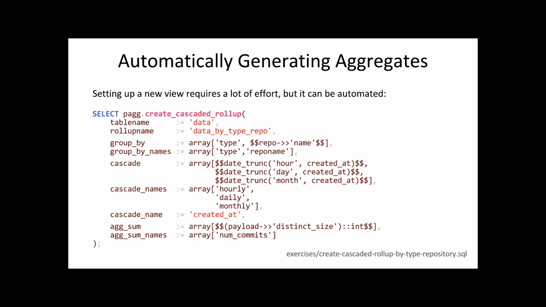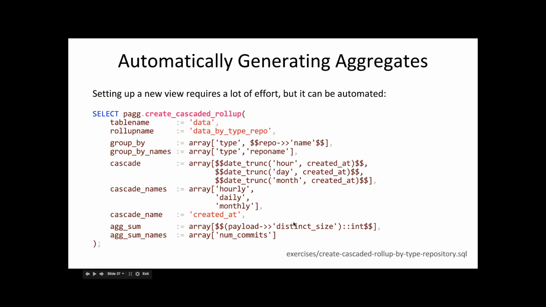A more interesting example is breaking it down by type and by repository. So for each day, for each repository, we can look at how many events there were of each type. Actually, in this case, we're not going to look at the number of events because we can also do other aggregates.